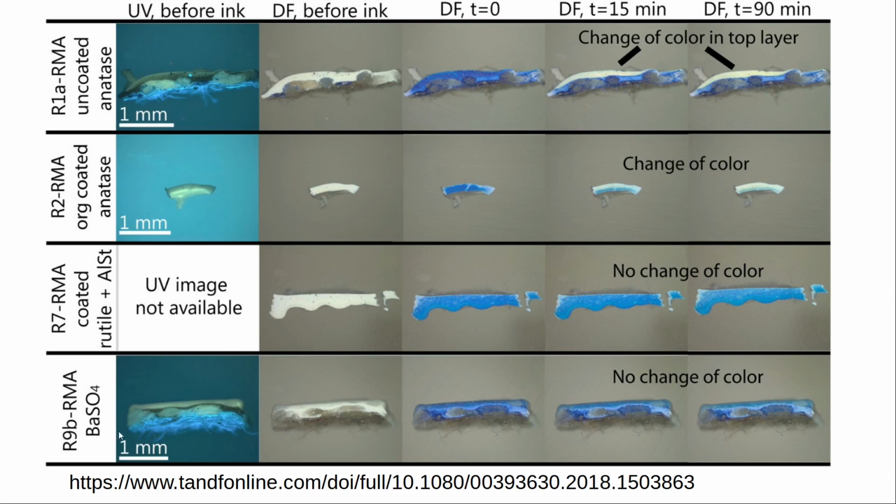In the case of the baseline, which does not have any photocatalytic activity, there is no color change. So from this test you can see that rutile titania is the better form of titania, because after 90 minutes we did not see any color change, and anatase is an unwanted titania pigment, but this is only after 90 minutes.